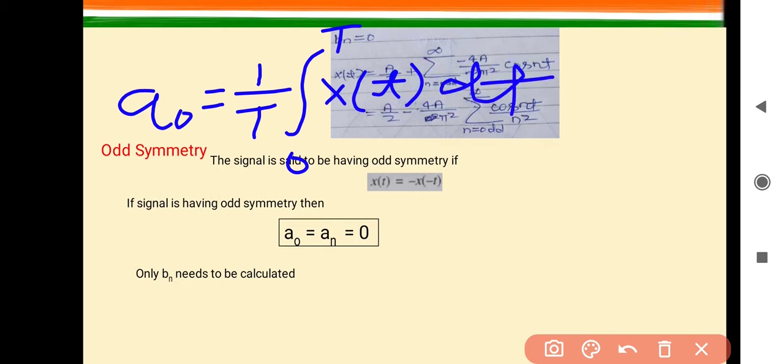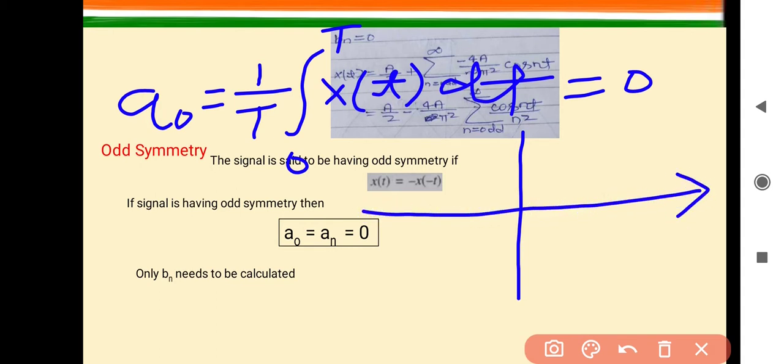If we integrate an odd signal over one time period, it will always give a value equal to 0, because if x(t) is odd, its value at 0 is always 0, means it will always pass through the origin like a sine wave or any other odd signal.